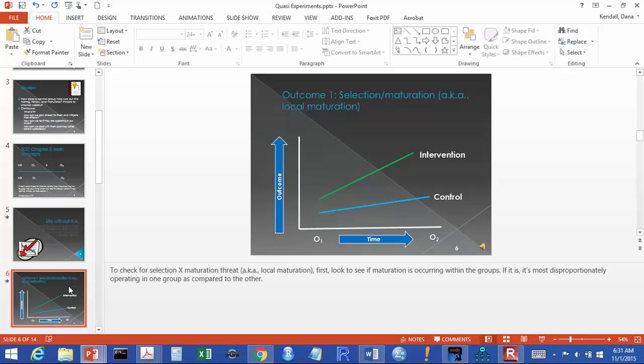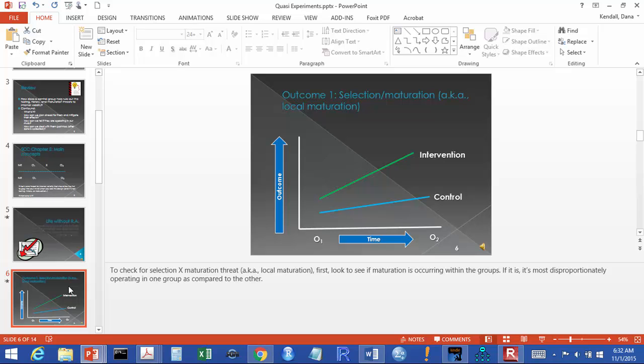And of course the y-axis is our outcome of interest. So we have an intervention that is intended to increase that outcome, and what we have here is movement in both groups in the same direction. And so this is one of the more difficult ones to interpret because it is consistent with a selection by maturation or local maturation threat.